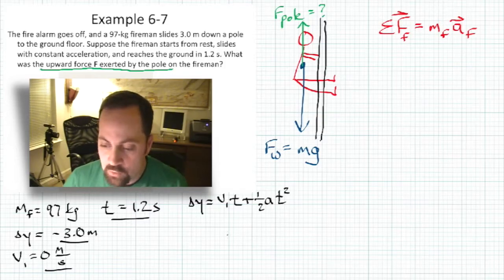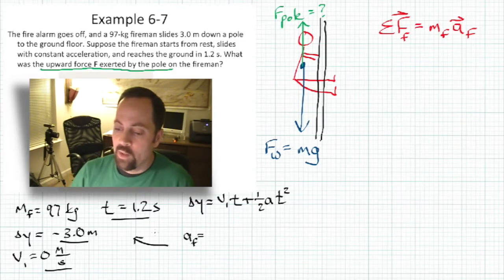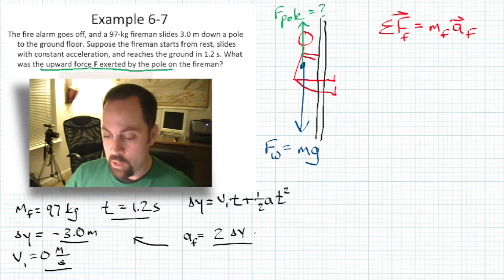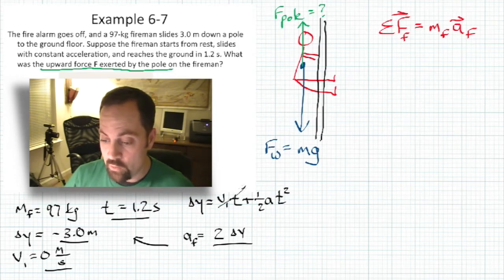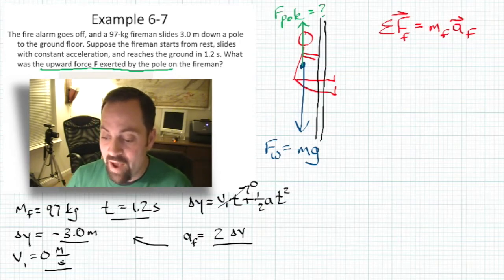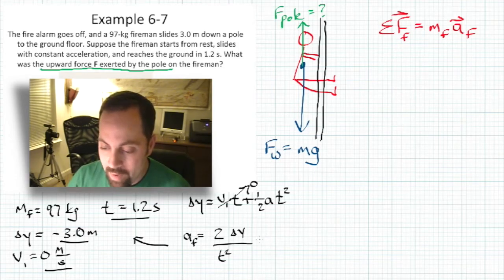We don't have acceleration. We can solve for acceleration. You might say acceleration of the fireman because we're told all about him right over here. We can say that that is 2 times the y displacement. This goes away, right? Because initial velocity is 0. Divided by time squared.